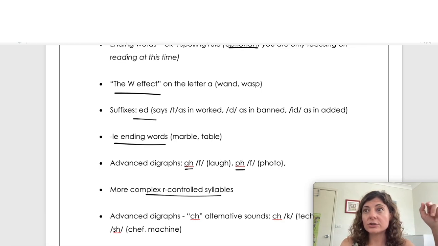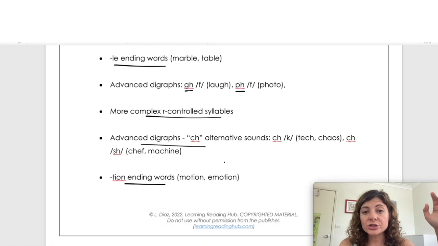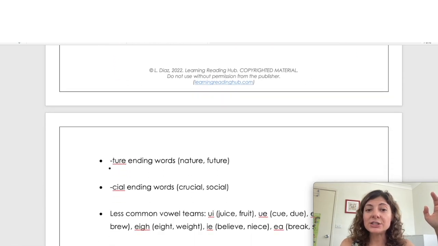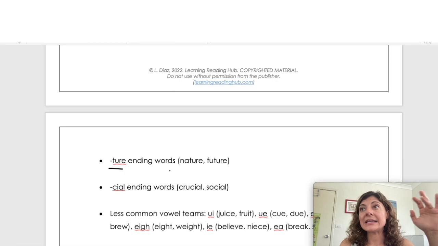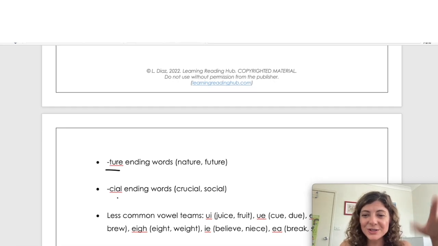More complex R-controlled syllables, more advanced digraphs, TION ending words, motion, emotion, TURE ending words, nature, future, CIAL ending words, crucial, social.